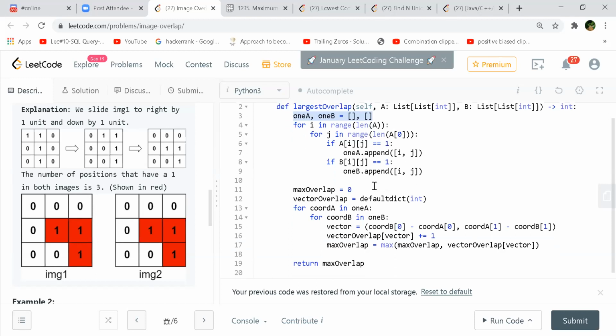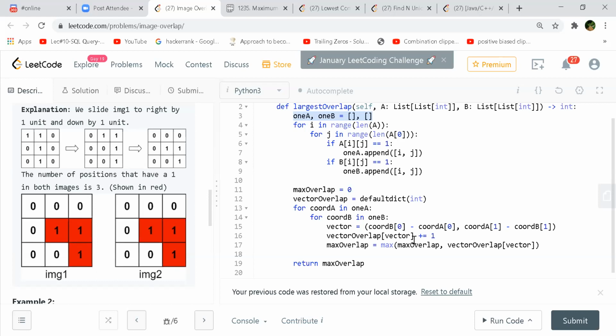Okay. And then for the vector overlap, after creating these two arrays, we are checking all the possible combinations. We take one coordinate of A, go through all the coordinates of B, and take the difference of I and J coordinates. And if you find that you have already seen that, we increase the vector of that by 1.